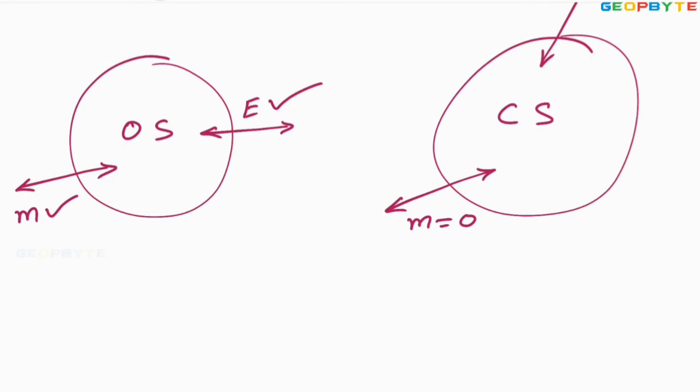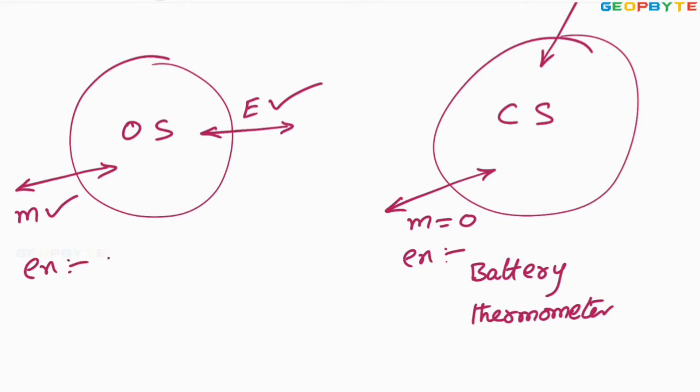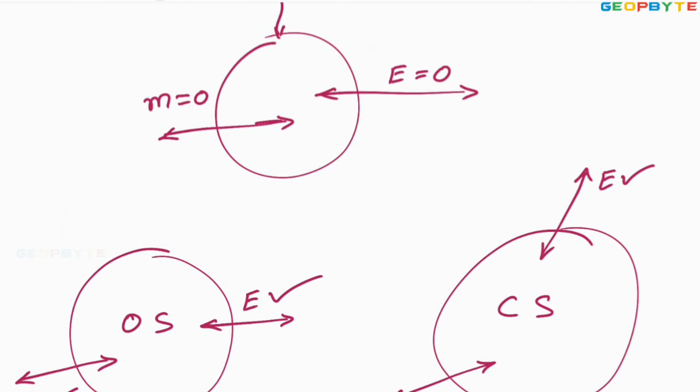The examples for a closed system are the battery and thermometer. Come to the open system, examples are fan, turbine, pump, etc. These are all open systems. Come to the isolated system.